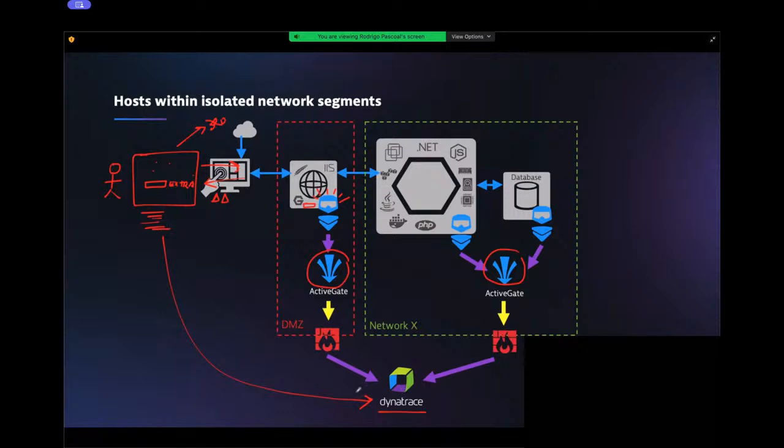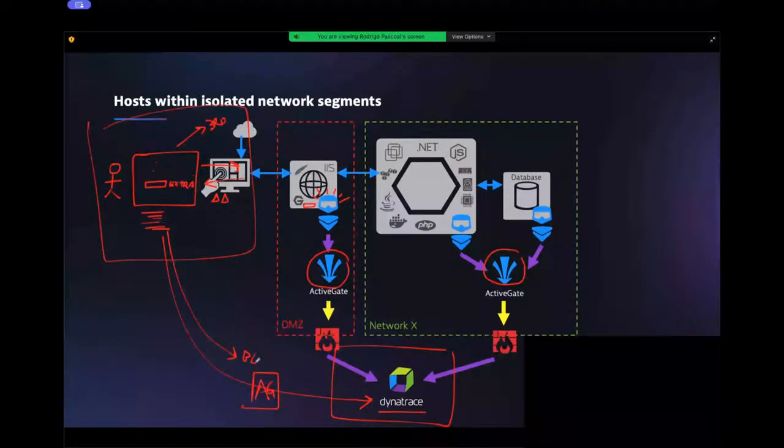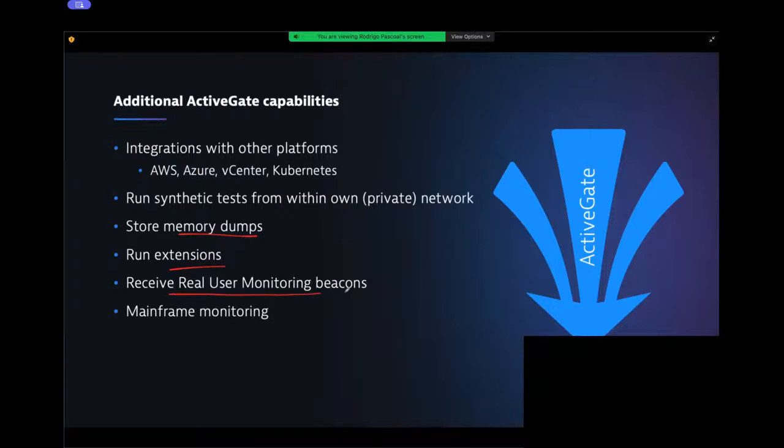But other times, maybe this is on a secure location, you can use an ActiveGate. So we use an ActiveGate that can get what we call beacons, which is nothing more than the data that we capture from the JavaScript injection, to the Dynatrace server. This is why we say it's the receive real user monitoring beacons. That's exactly what it means.